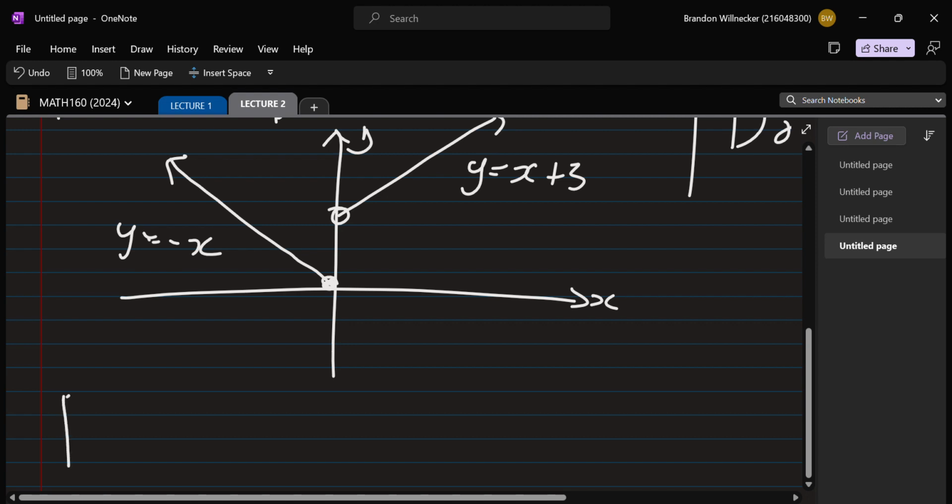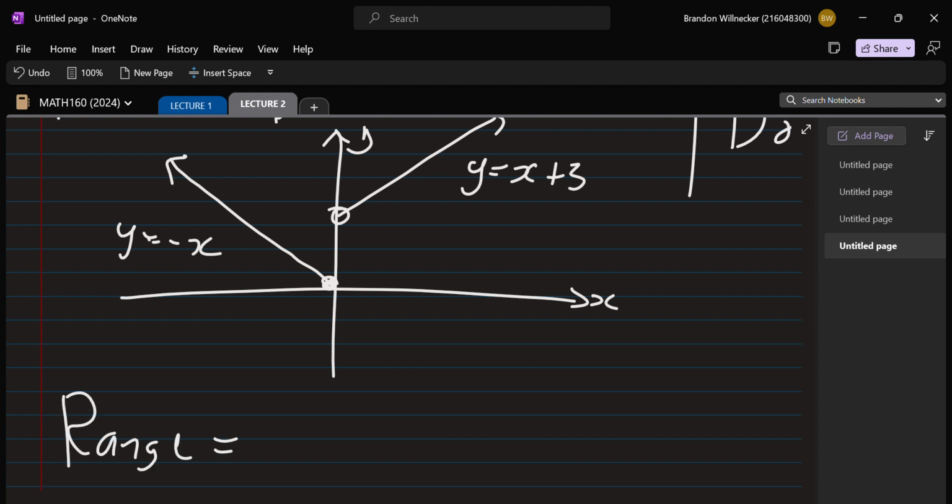So, the range is equal to the values we can reach using the first part on its domain. Let's say x plus 3. We said that was the first part. What can we reach with that function on its domain? Can we reach 3? No. Open circle. We cannot reach 3.